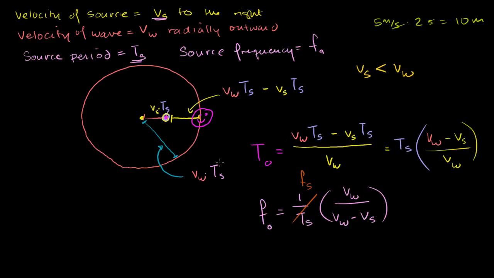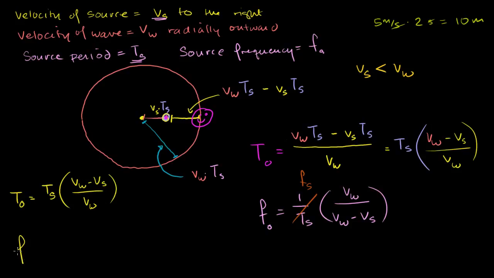We have our two relations, at least if you are in the path. If the velocity of the source is going in your direction, then we have our formulas. I'll rewrite them: the observed period of the observer is going to be the period from the point of view of the source times the velocity of the wave minus the velocity of the source, divided by the velocity of the wave itself.